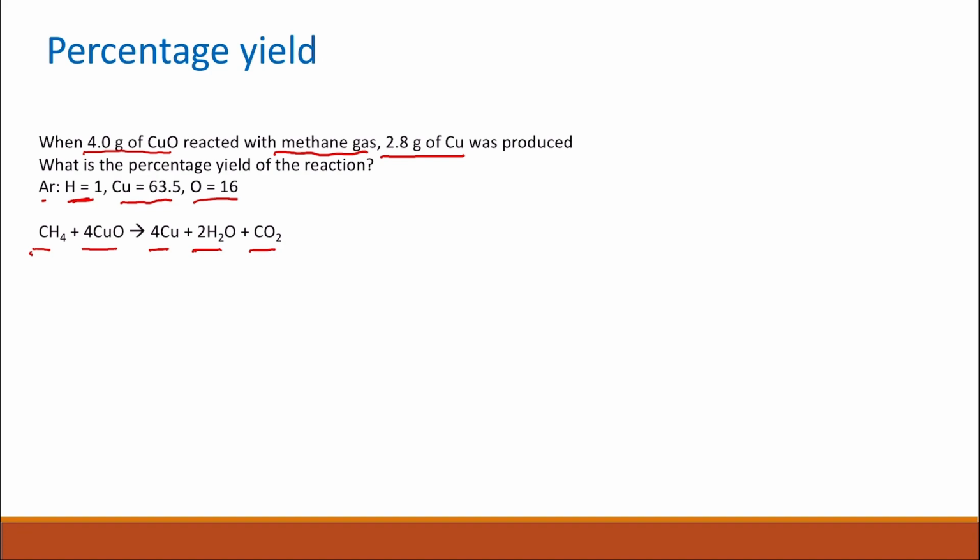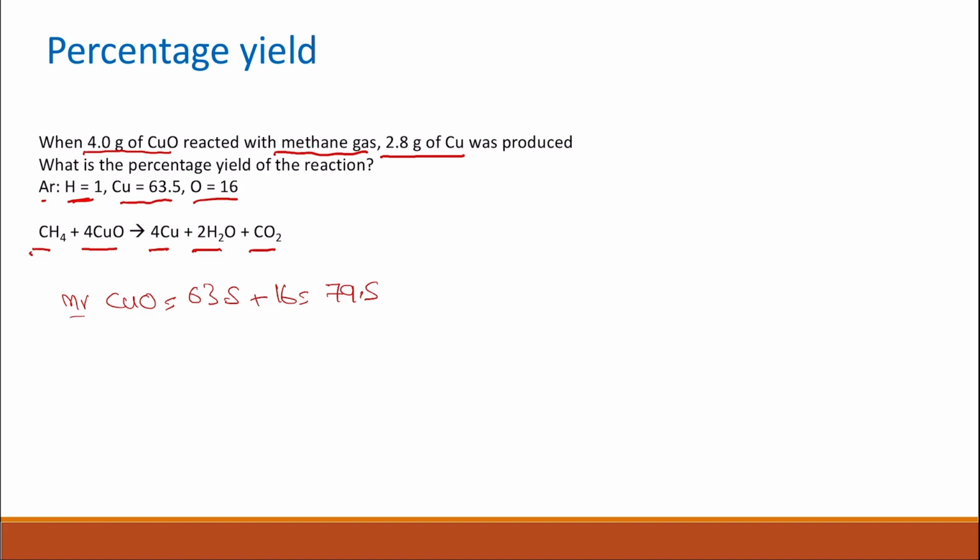So in order to do this, first of all, we need to calculate the relative formula mass for copper oxide, which is 63.5 plus 16, so this is 79.5. And then we need to change the Mr into the number of moles.